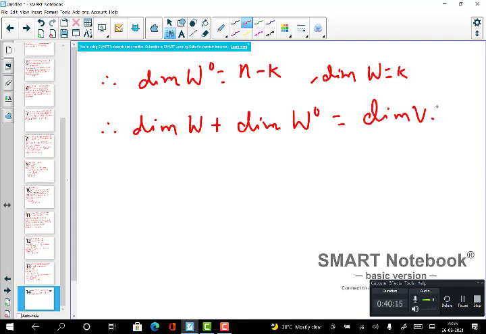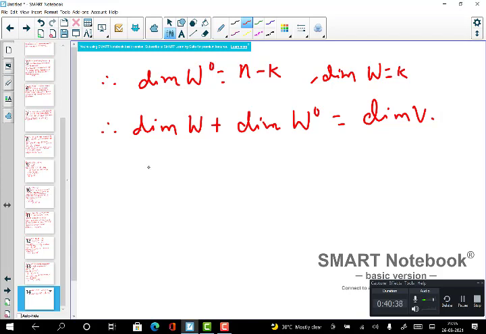And our original question was whether, given any hyperspace, there exists a linear functional whose null space is the hyperspace, and the answer is yes from this.